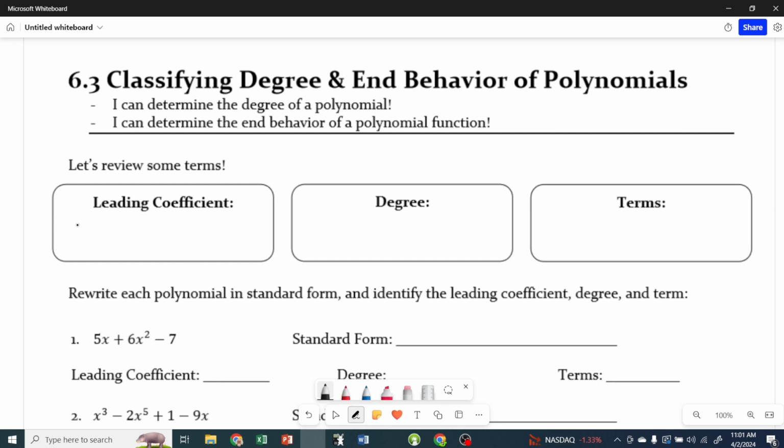So the first one we want to talk about here is leading coefficient. The leading coefficient is the coefficient of the term with the highest degree.